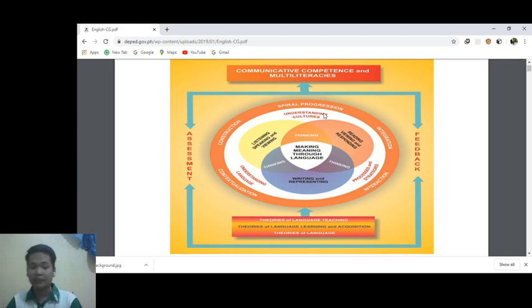For example, if you teach noun in grade 1, you might focus on the two types of noun, the common noun and the proper noun.